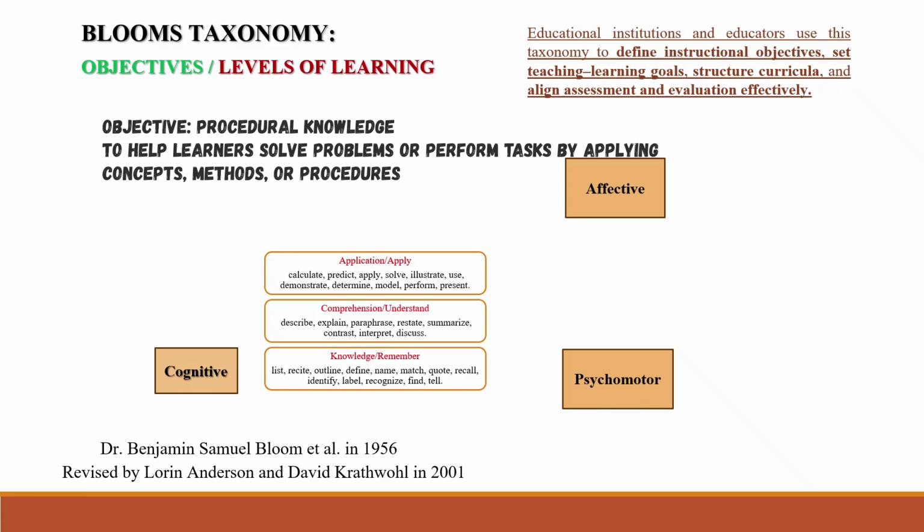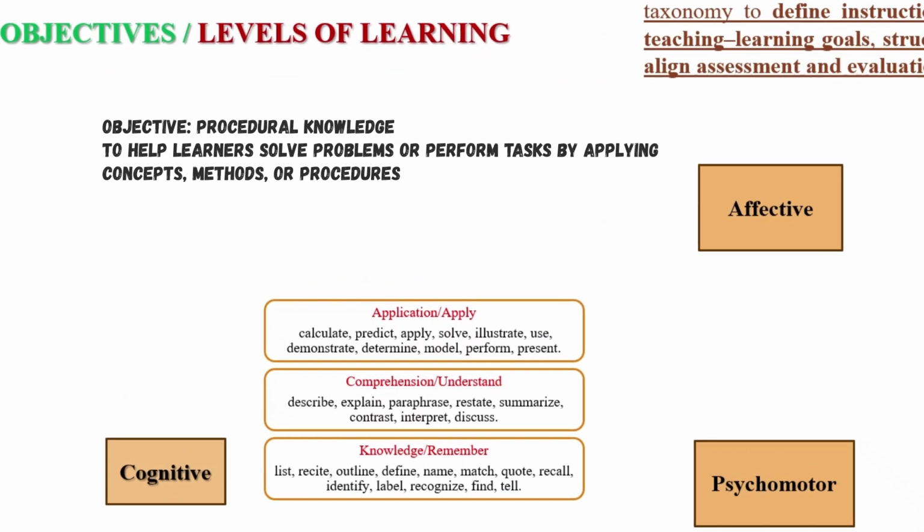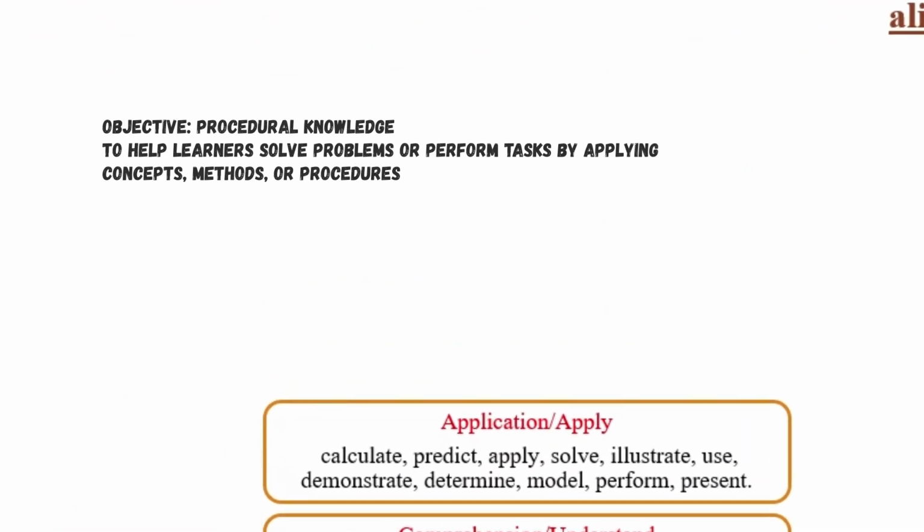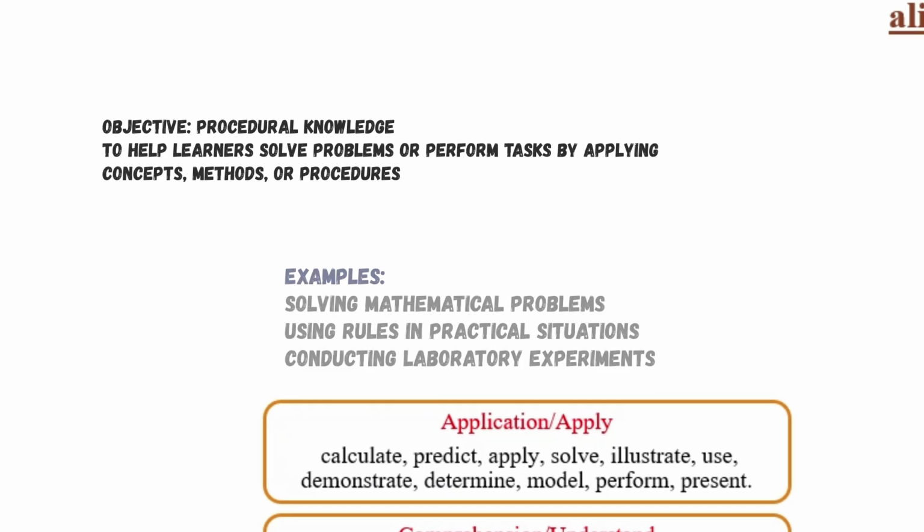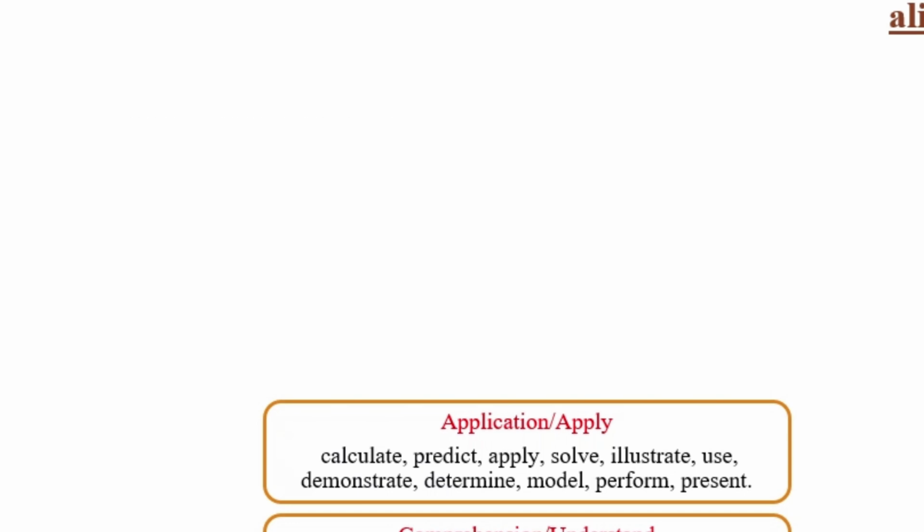And evaluation at this stage can be done using the terms calculate, predict, apply, solve, illustrate, use, demonstrate, determine, model, perform, present, and so on. For example, solving mathematical problems, using rules in practical situations, conducting laboratory experiments, etc.